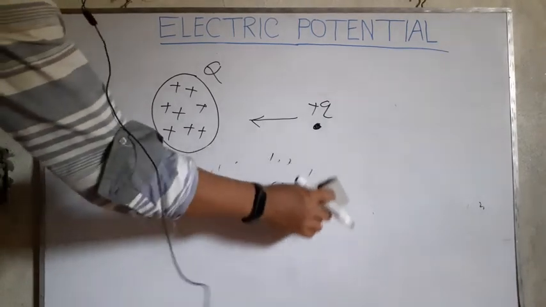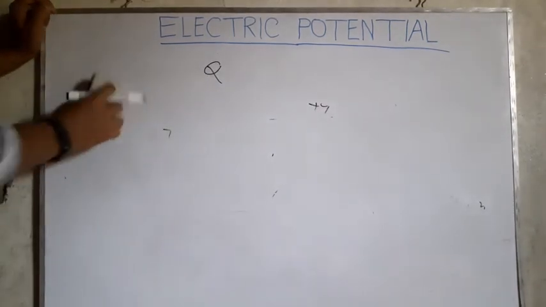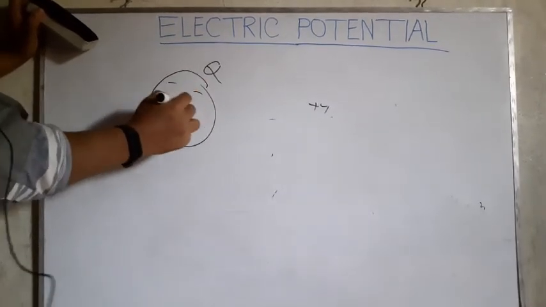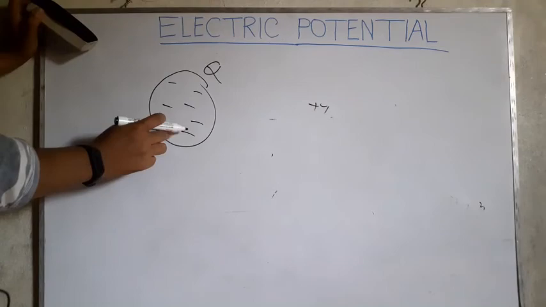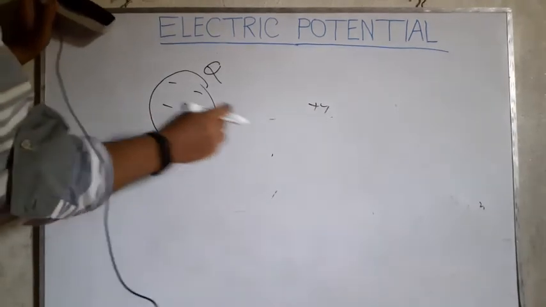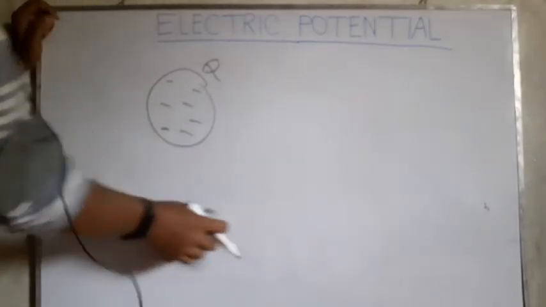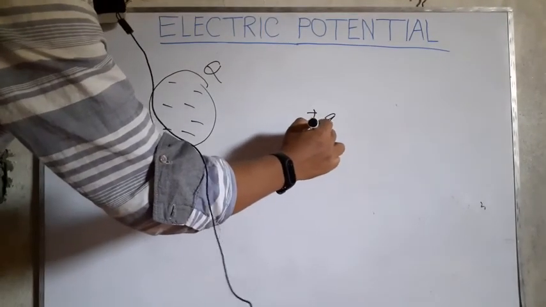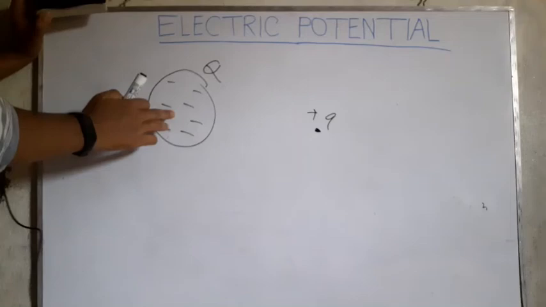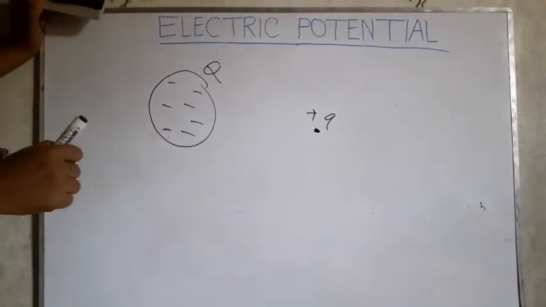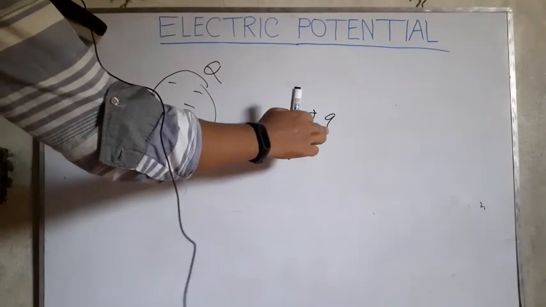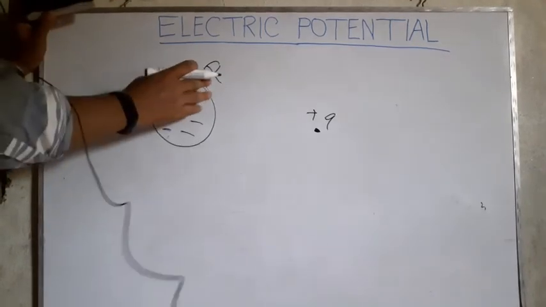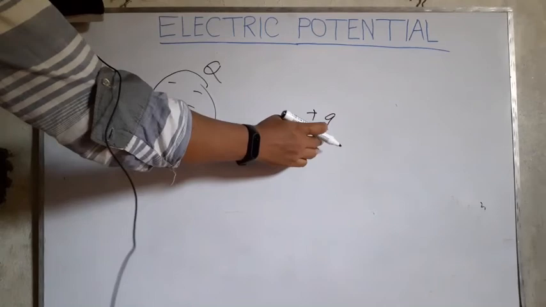Suppose this body is a negatively charged body, then here is plus q charge. As this body is negatively charged and this is positive charge, there will be an attraction between this Q charge and this plus q charge.